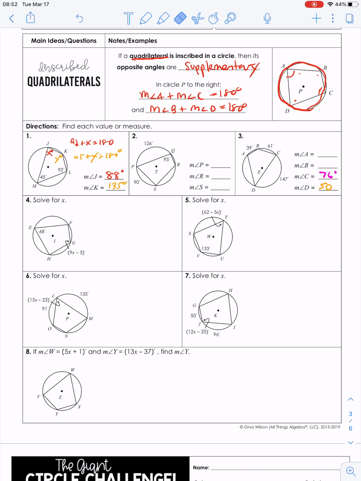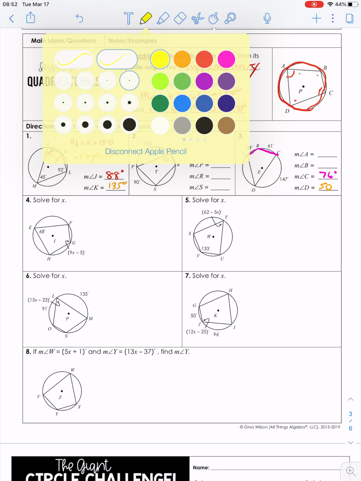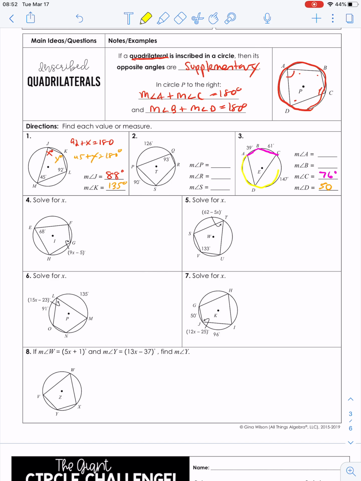Now we're looking for angle B. Here is its arc. So we take this arc right here and what we put here, and we add them together. That is going to give us 260.